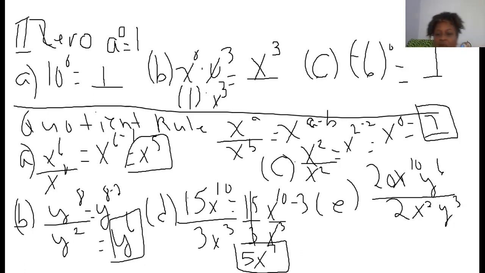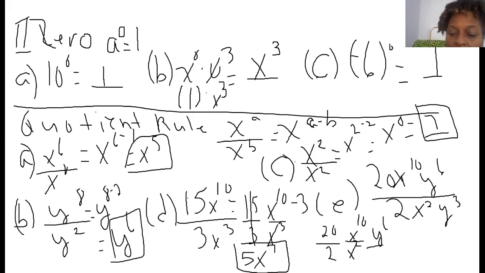And E model, 20x to the 10th, y to the 6th, over 2x squared, y to the 3rd. So how will that breakdown look? We will have 20 over 2, x to the 10th over x to the 2nd, y to the 6th over y to the 3rd.